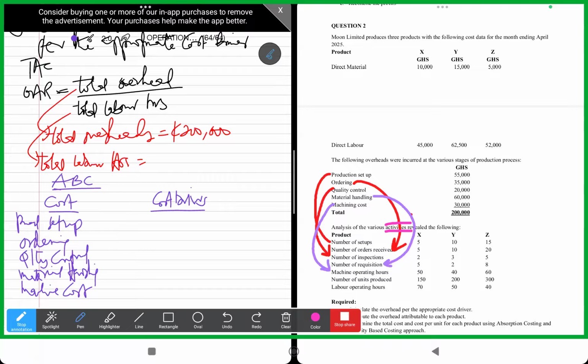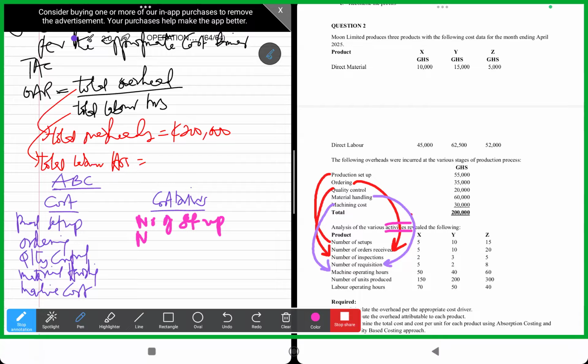So now I come to my question, my answer script on the left. Production setup, what is the cost driver? Number of setups. That's the first thing you do under ABC. Ordering cost, what is the activity? What's the cost driver? Number of orders received.